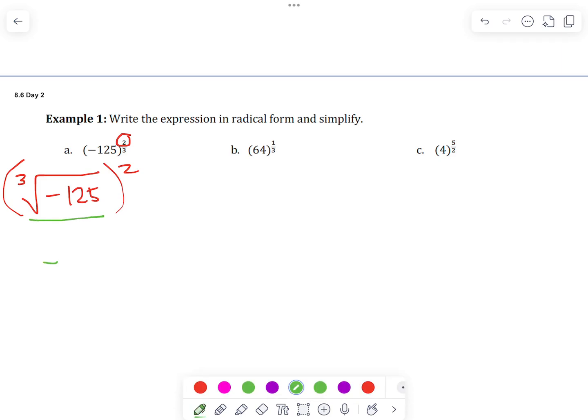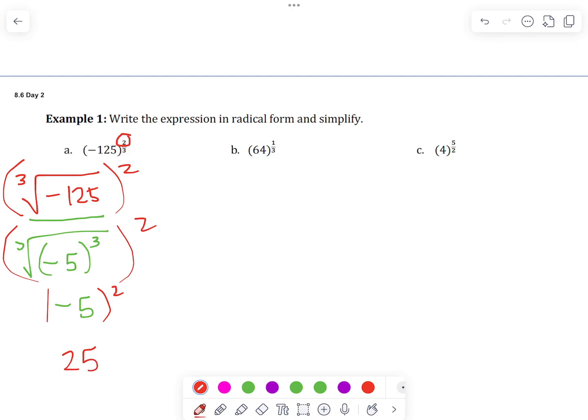So that is negative 5 times 5 times 5, or negative 5 cubed, and then cube root of that, and then it's all raised to the second power. So cube root of negative 5 cubed is negative 5, and then we're raising that to the second power, so negative 5 times negative 5 is positive 25.